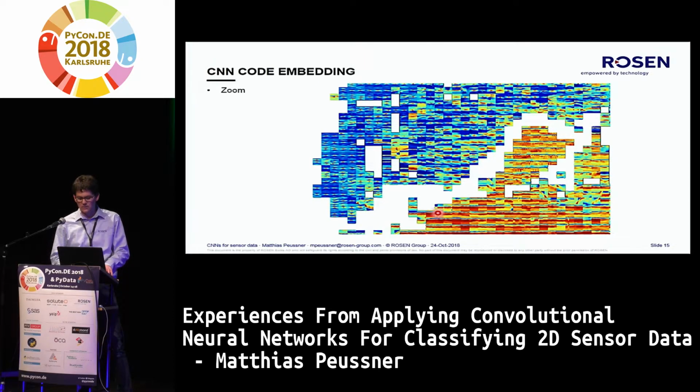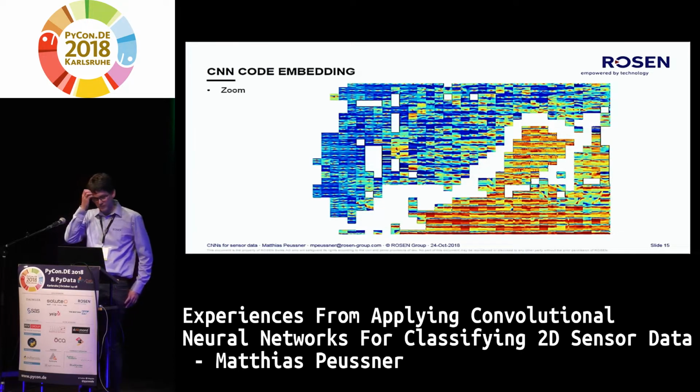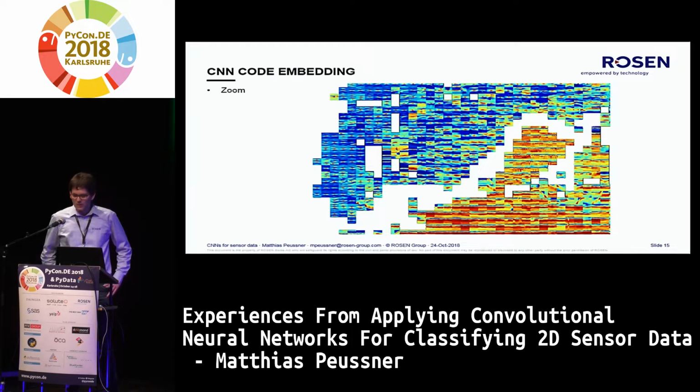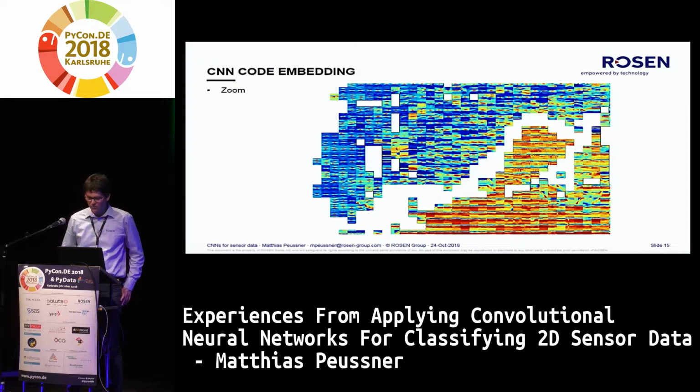The lines you can see in here are the girth welds of the pipeline. As you can also see, there's some ordering in here. Here we have a slightly different pattern than those on the left. So the network already learned to create a feature extractor.